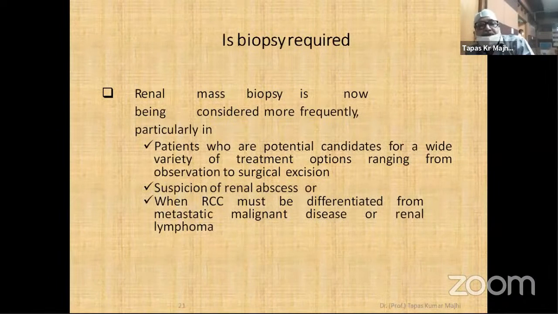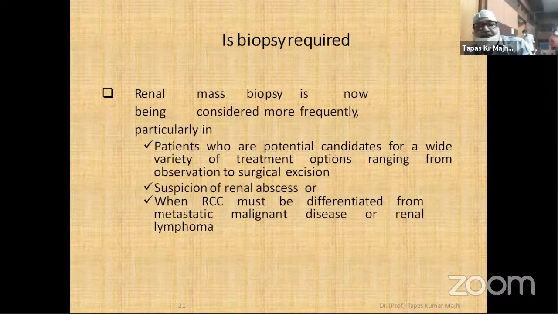This is an important question. Renal biopsy is now being considered more frequently, particularly in patients who are potential candidates for a wide variety of treatment options ranging from observation to surgical excision.